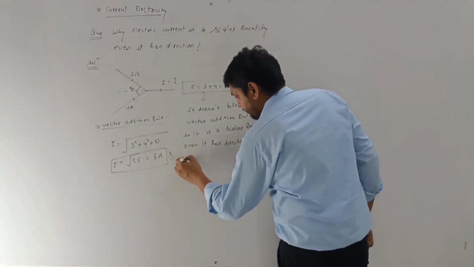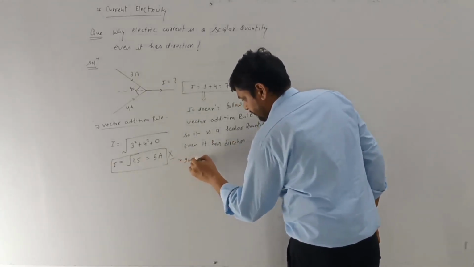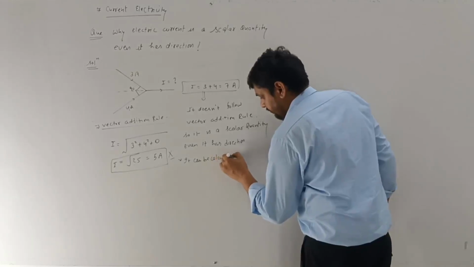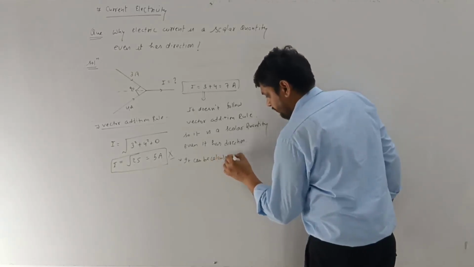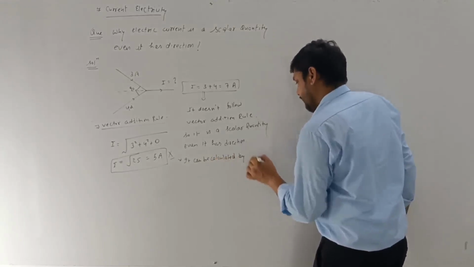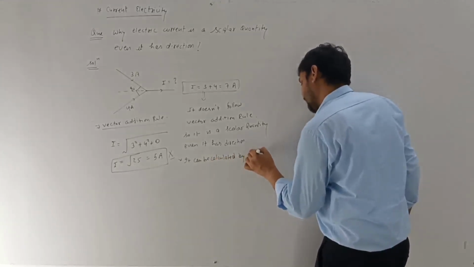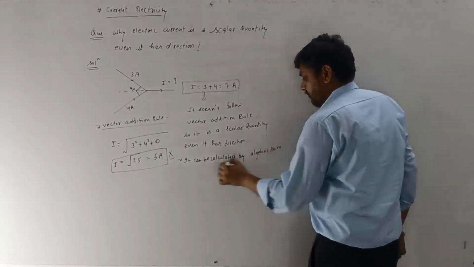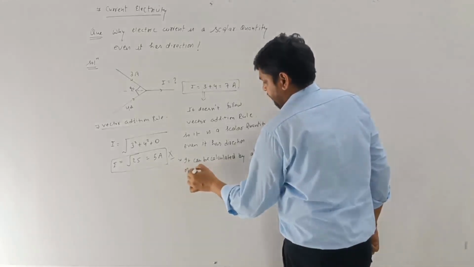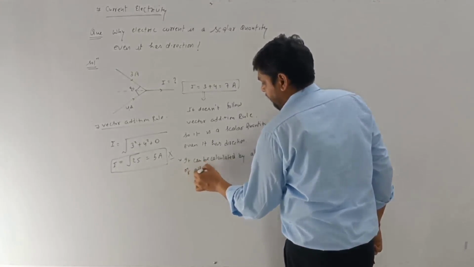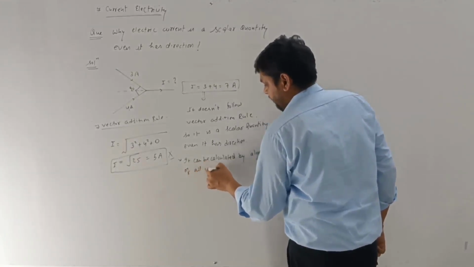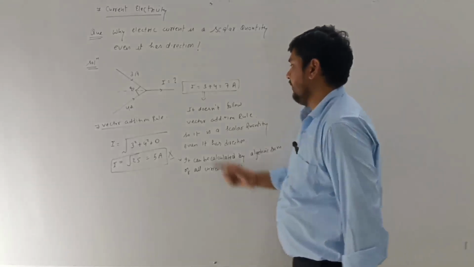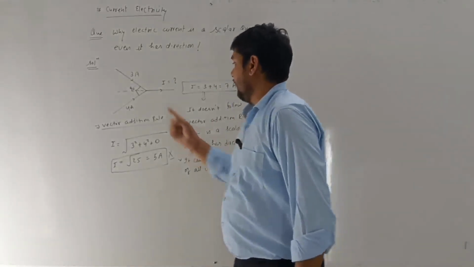It can be calculated by the algebraic sum of all current values. Means algebraic sum is an example.